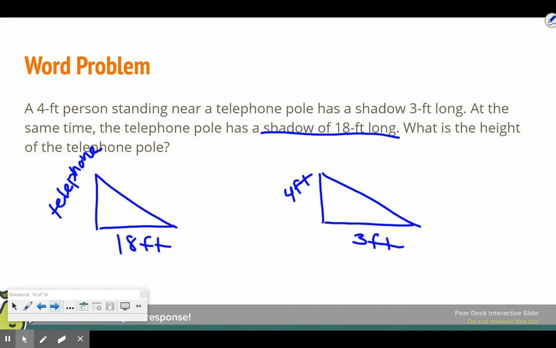How tall is the telephone pole? Pause the video and take a second to try this one on your own if you haven't done one on your own yet. Okay, when we set up our proportion, it should look like this: 18 times 4 divided by 3. Our telephone pole is 24 feet tall.